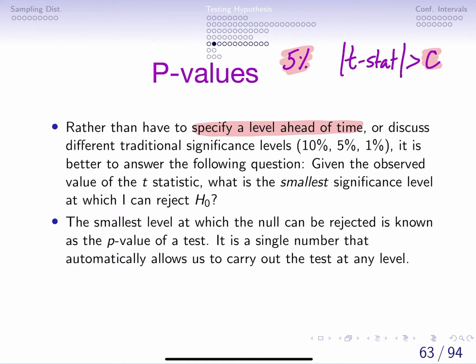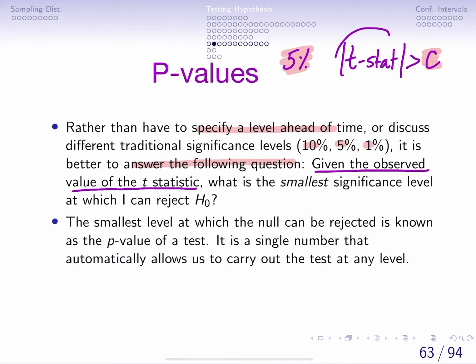So we can take an alternative approach, and this might be easier than the traditional approach. Rather than specifying the level ahead of time, whether it's 10% or 5% or 1%, we could try to answer the following question. Given the observed value of the t-statistic, right?